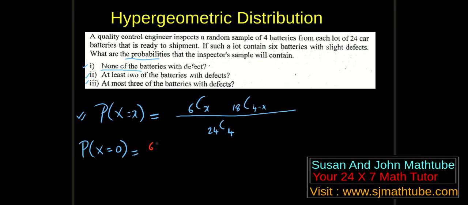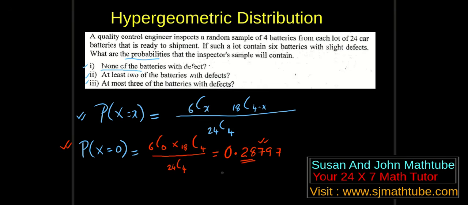So that will be 6c0 multiplied by 18c4 minus 0, the whole divided by 24c4. Okay, now grab a calculator and find it. So the answer is 0.28797, or it's kind of like we have 28% chance that there will be 0 defective items.